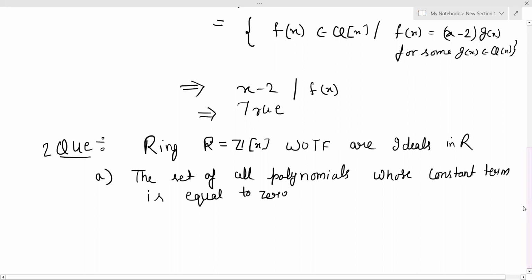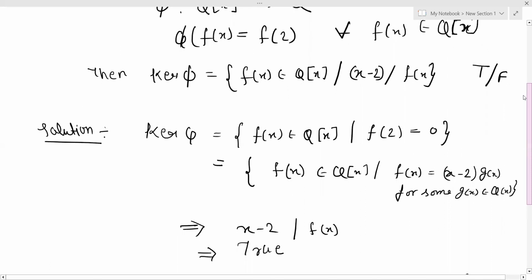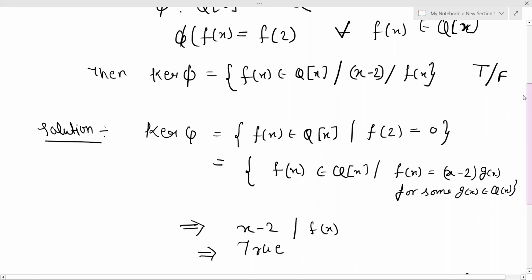Okay. Response: this is an ideal. How will you argue? 0 is the root of all such polynomials. Right. By similarity, like we first defined the map f(x) goes to f(2), now here replace Q by Z and 2 by just x.